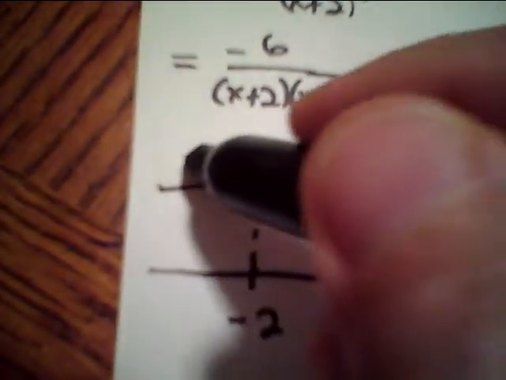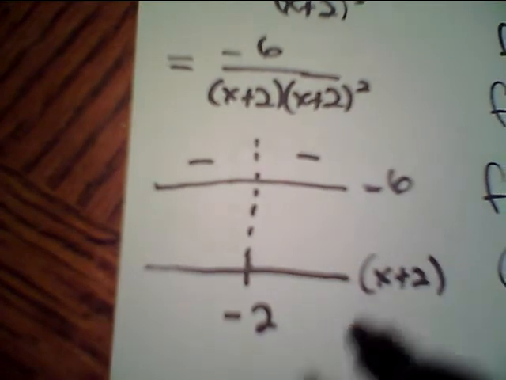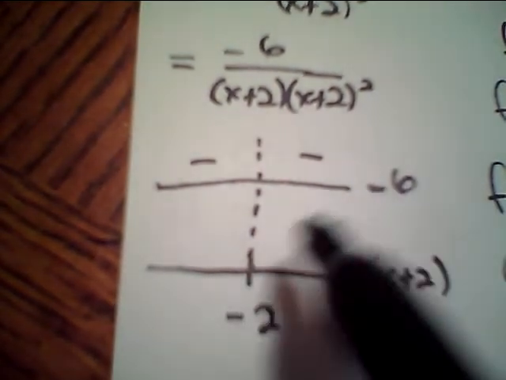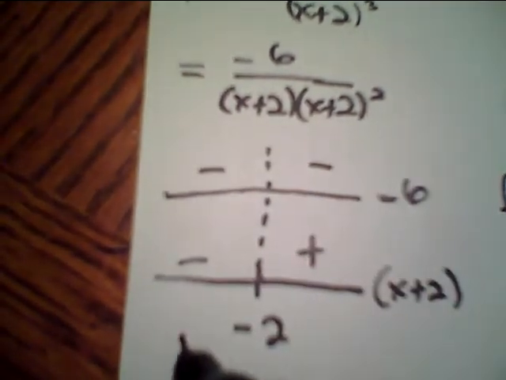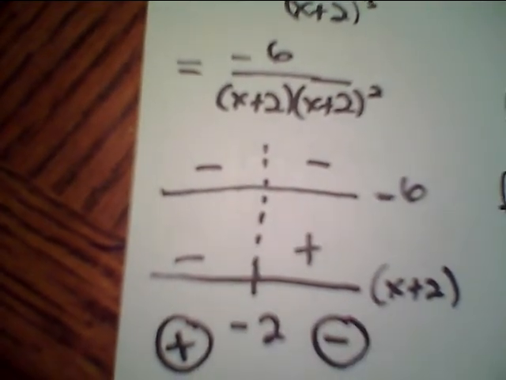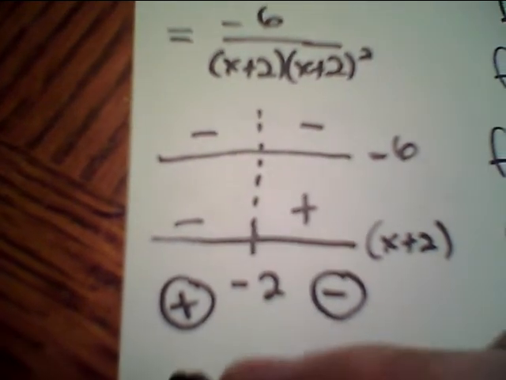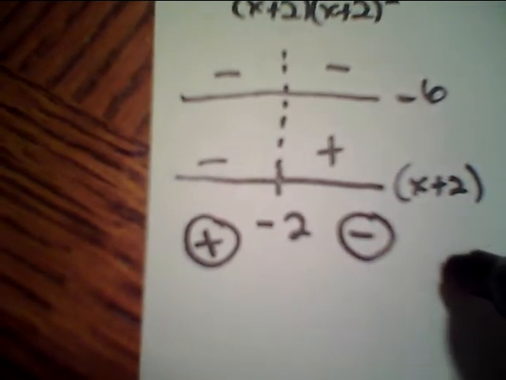So negative 6 is always negative. X plus 2 is a line with positive slope, so it's going up this way, and here's the intercept. So it's negative, positive, so it's increasing to the left of minus 2 and decreasing to the right of minus 2. I'm sorry, that's not increasing and decreasing. I apologize.